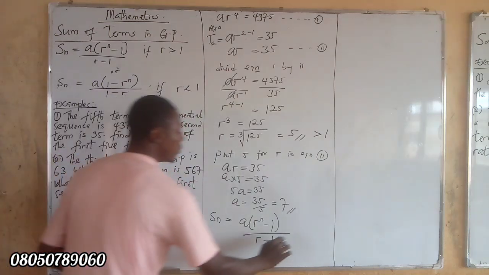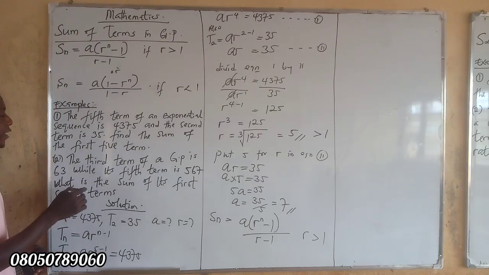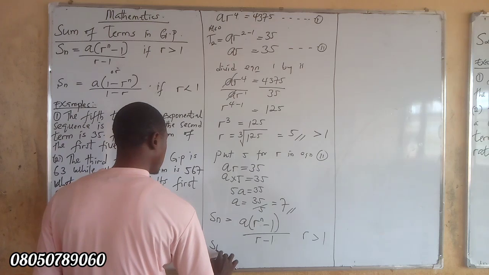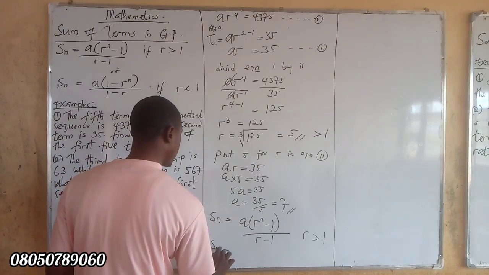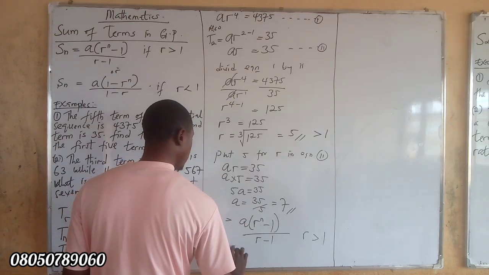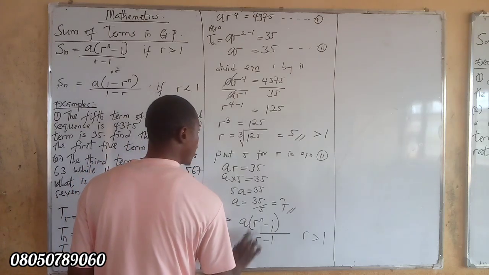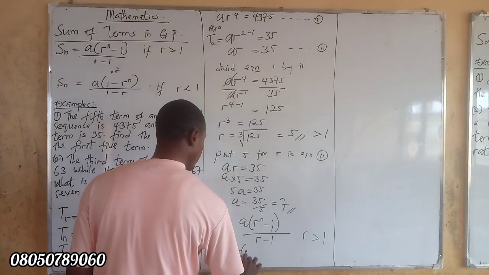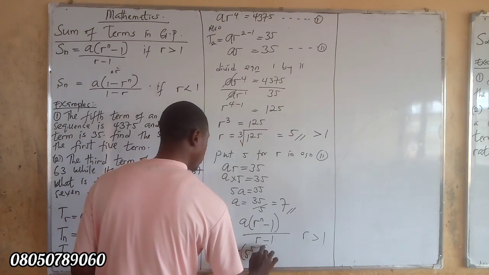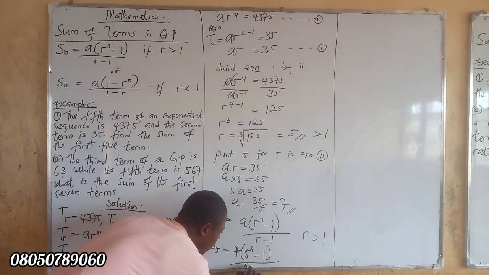Because the value of r is greater than 1, the question says we should find the sum of the first 5, S₅, which is equal to our a, the first term, which is 7, into bracket of our r, which is 5, raised to power 5, because our n is 5, then minus 1, all divided by r minus 1.